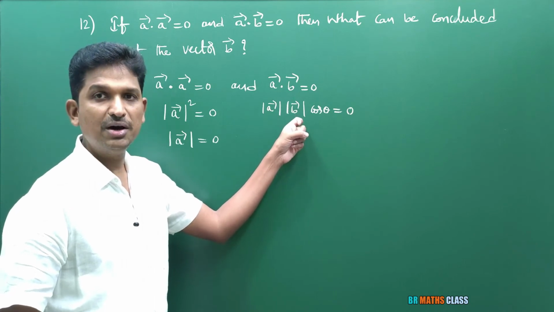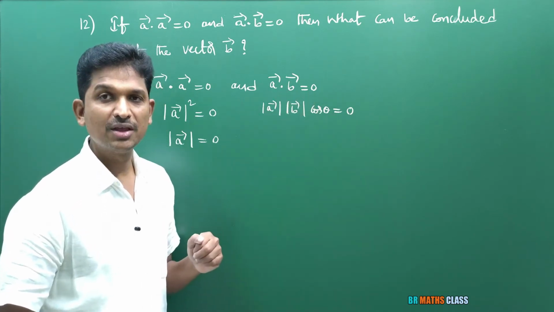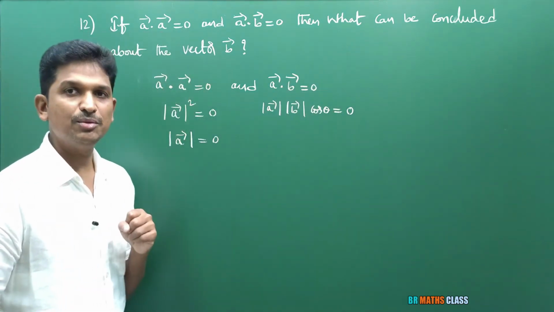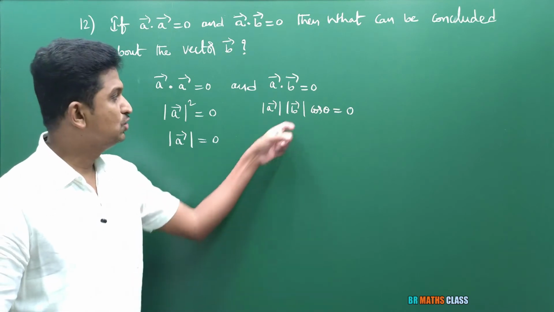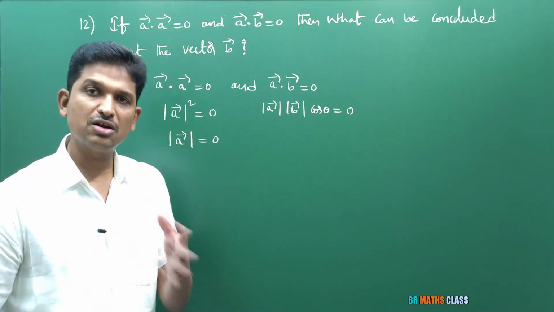Whatever the vector b bar, this total expression will become 0 now. So here, what they are asking, what can you conclude about the vector b bar? What will we conclude? You take b bar as any vector. You take b bar as a 0 vector or a non-zero vector.